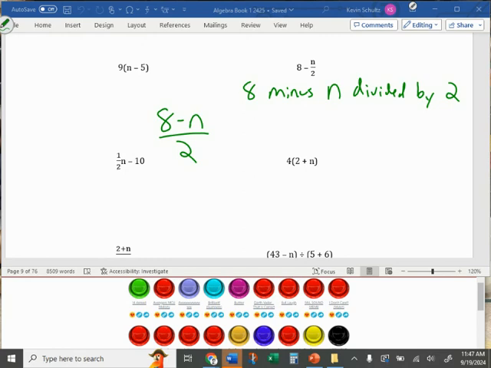If you do it after the n, that's going to lump 8 minus n together and separate it from the divided by 2. If I want the n divided by 2 together, and the 8 separate, Peyton? You put it before the minus. After the 8. 8, comma, that stands alone, minus n divided by 2.